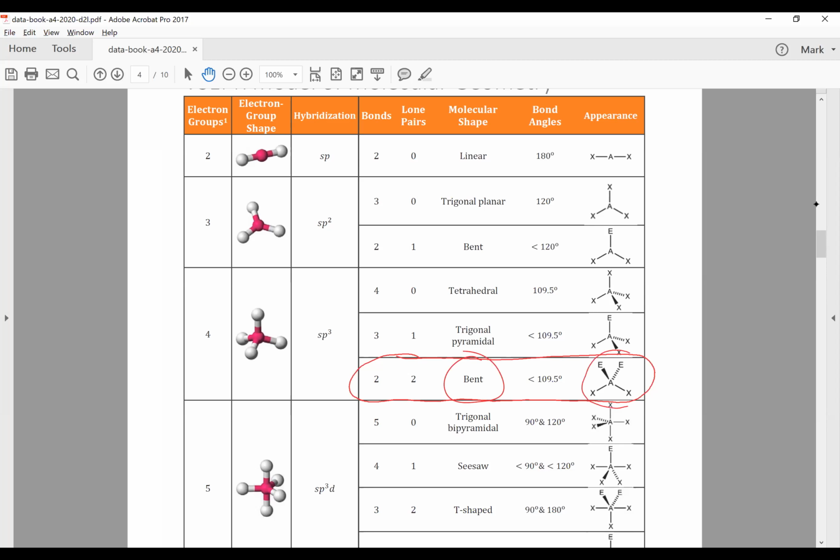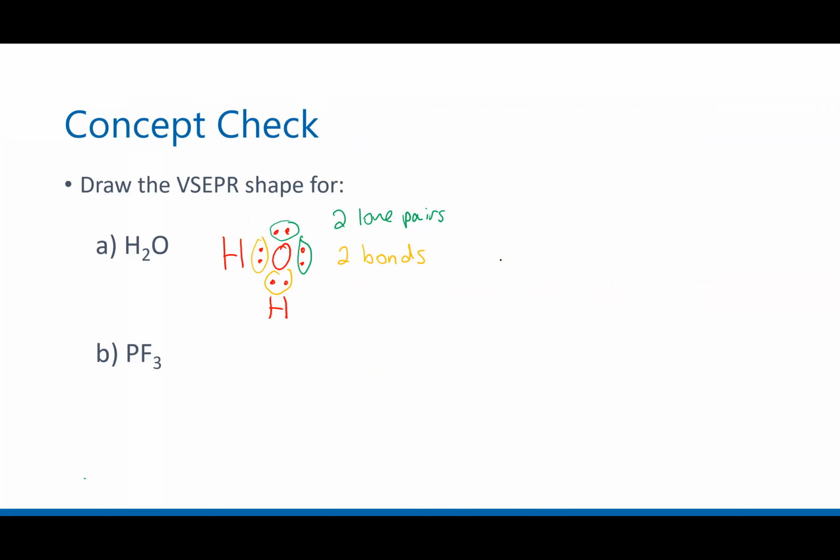And I have a little template for my sketch here. I'm going to take that template, my little cheat sheet, my little guide, and write it next to my molecule. Now, you do not need to do this part on a test, but I just want to show you how I go from one answer to the other. My data book is saying that the molecule should look like this. We have a wedge with electrons, we have hashes with electrons, and then we have our 2 bonded atoms down bottom.